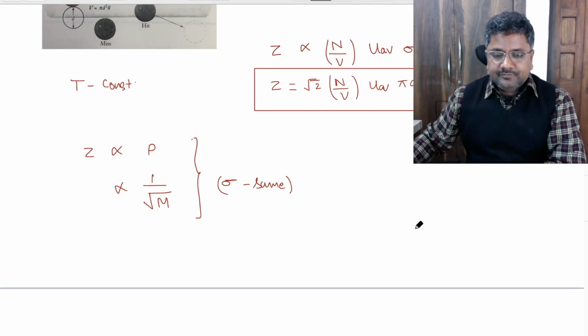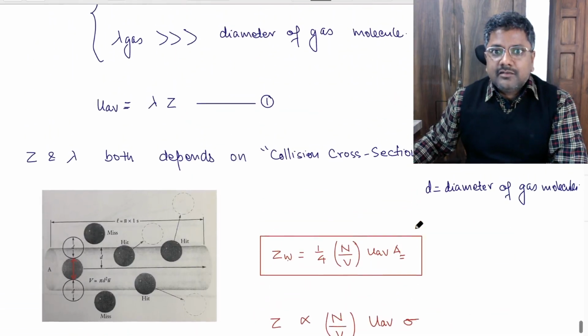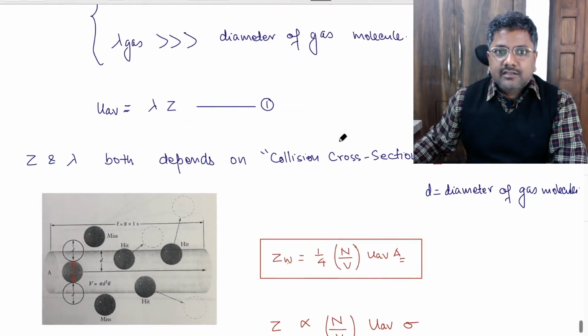Now see, from this equation we can calculate the lambda.